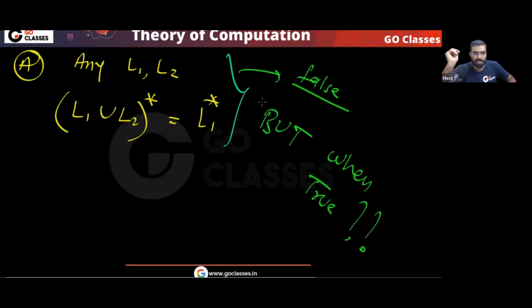Very good. Satyam is saying L2 is a subset of L1. Very good. See, I am asking when it will be true. The statement is: (L1 union L2) whole star is equal to L1 star.